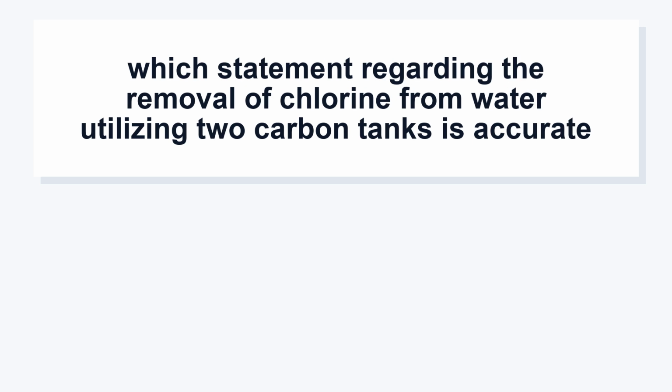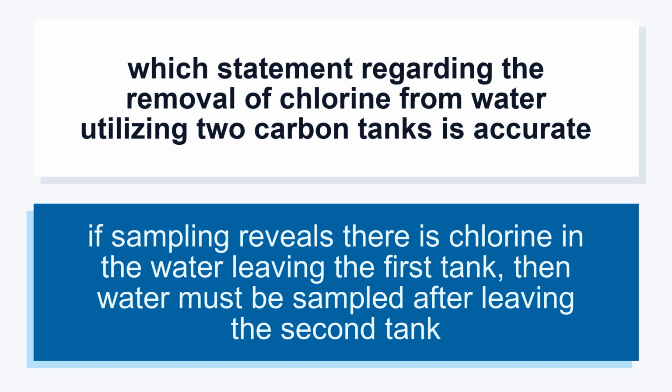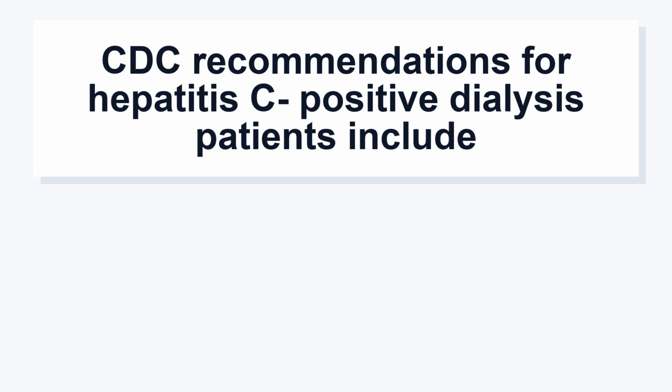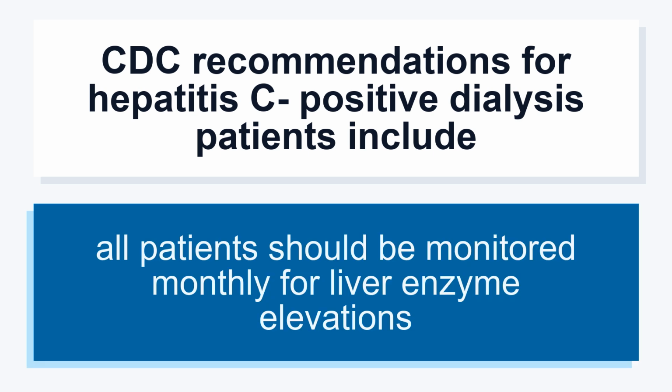Which statement regarding the removal of chlorine from water utilizing 2 carbon tanks is accurate? If sampling reveals there is chlorine in the water leaving the first tank, then water must be sampled after leaving the second tank. CDC recommendations for hepatitis C positive dialysis patients include: all patients should be monitored monthly for liver enzyme elevations.